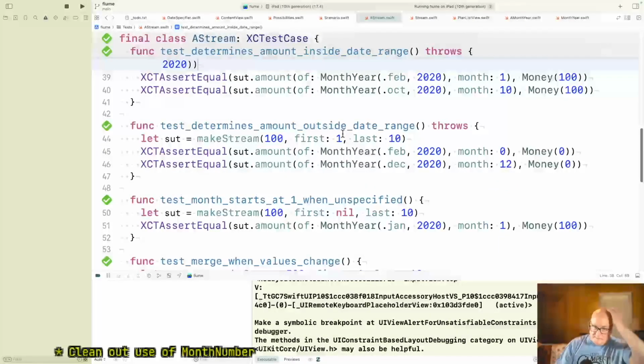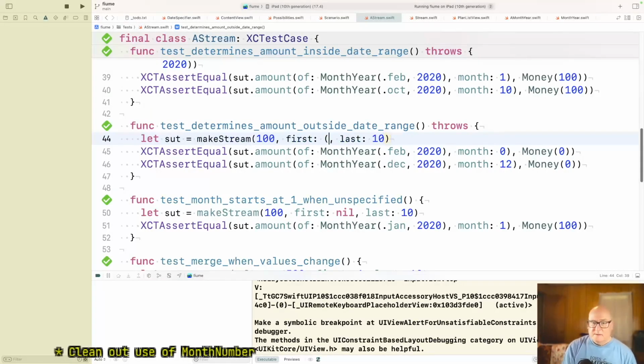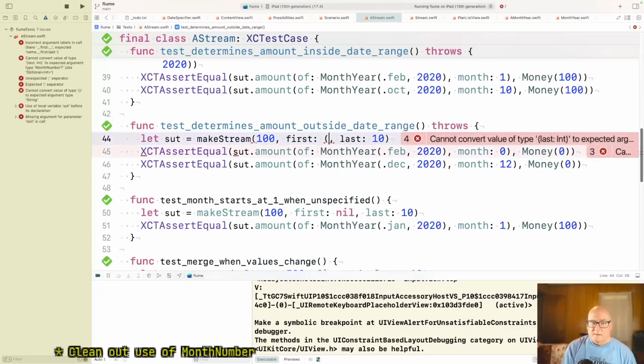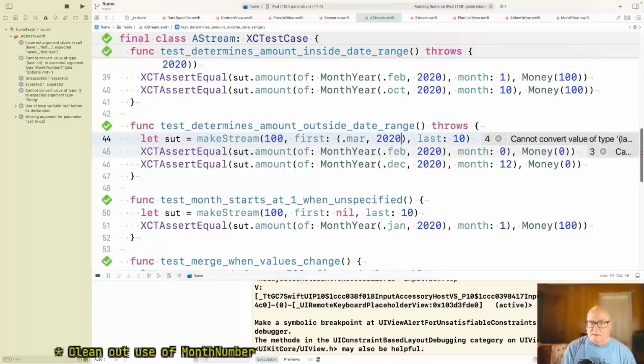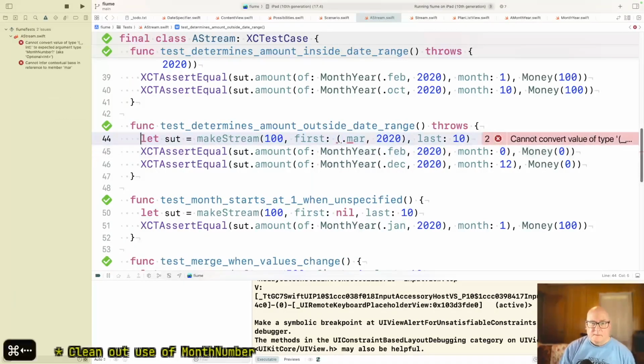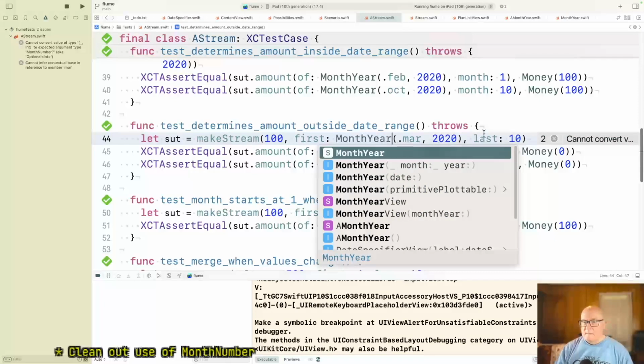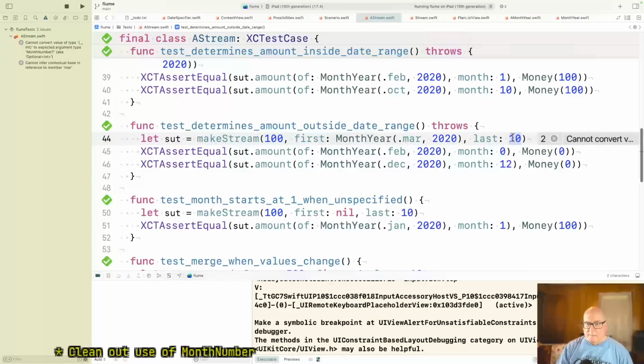Okay. Same here. Month 0. Well, let's March 2020. March through December is, well, let's make it November.